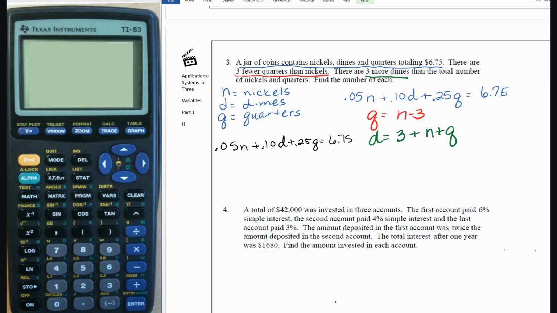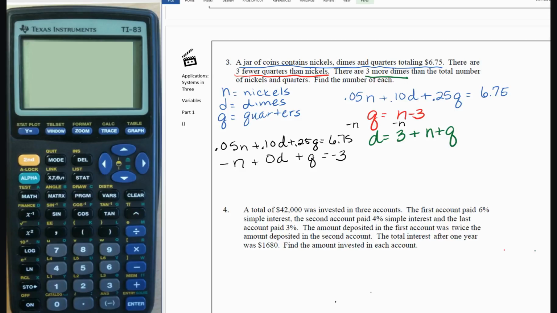The second line, the red one, I'm going to move the nickels over, so I'm going to subtract n from both sides. That gives us minus n, and we don't have any d's, so to help us out, I'm going to say 0d plus q equals -3.